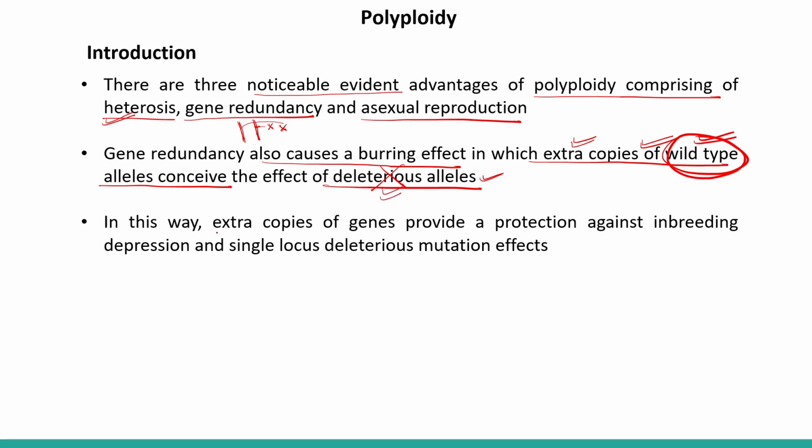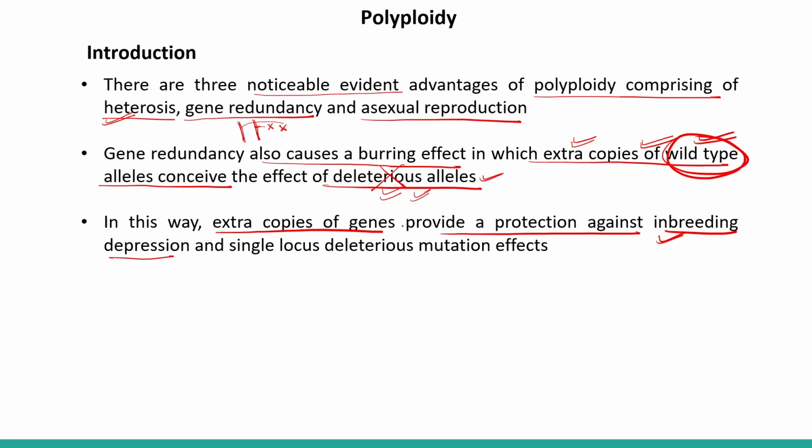In this way, extra copies of genes provide protection against inbreeding depression. It is called inbreeding depression because some deleterious alleles show their deleterious effect, causing depression.